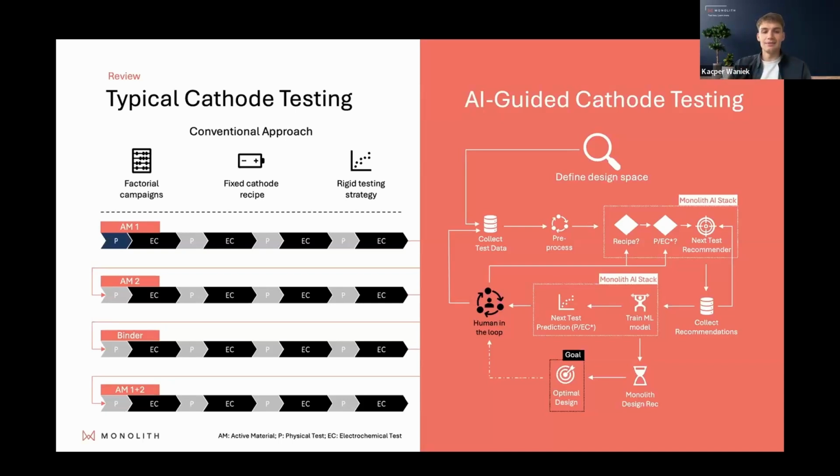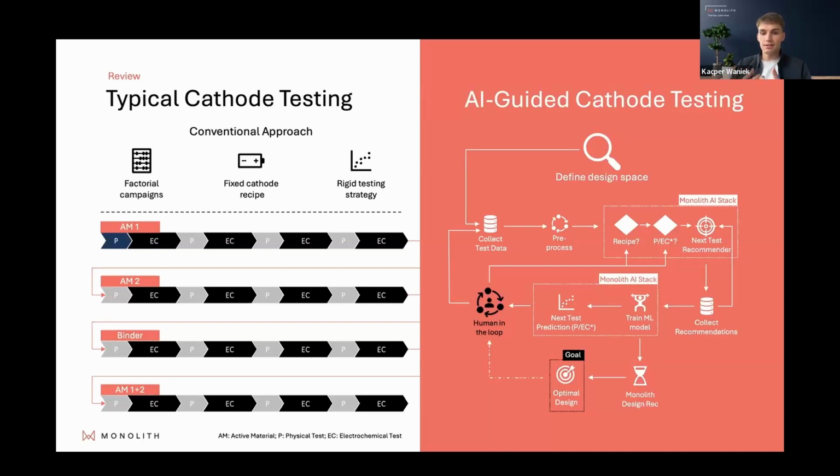It doesn't really make use of the patterns that we already see in the data. But if we compare that to the right hand side here, where we see the AI guided testing workflow, here we begin by defining the design space and collecting the available data, and then the data is pre-processed and fed into the Monolith AI stack, where we evaluate various experimental combinations. We predict the outcomes, and we use the next test recommender to strategically suggest the most informative next experiments.